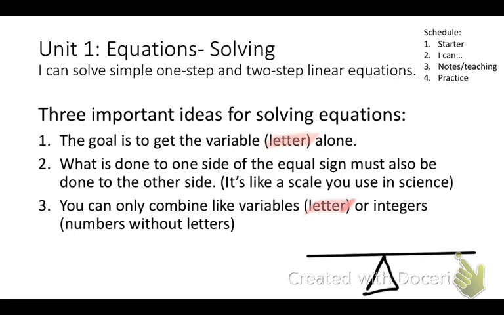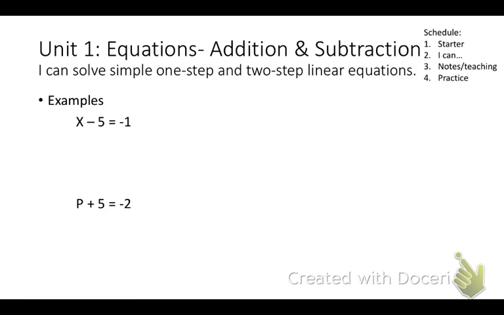So let's do an example, okay? So the first example I have on the board is x minus 5 equals -1. So I'm going to look here, and I see that I have subtraction. I look for my x, and I see what's happening to my x.